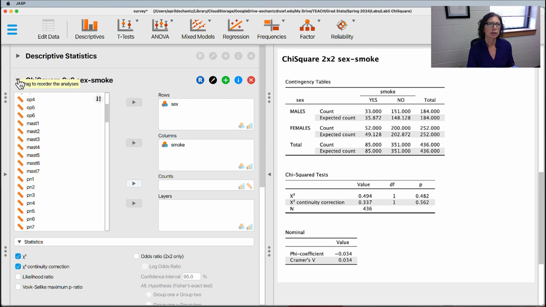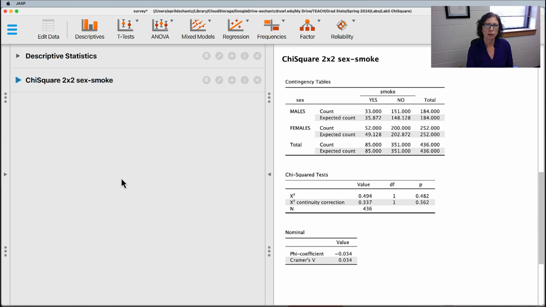Alrighty, let's go on to task 2. On this one, we're asking, is there an association between source of stress and smoking? Like, is there a relationship such that depending on what types of stress people are feeling are major in their lives, what is the likelihood of them having smoking or non-smoking status?